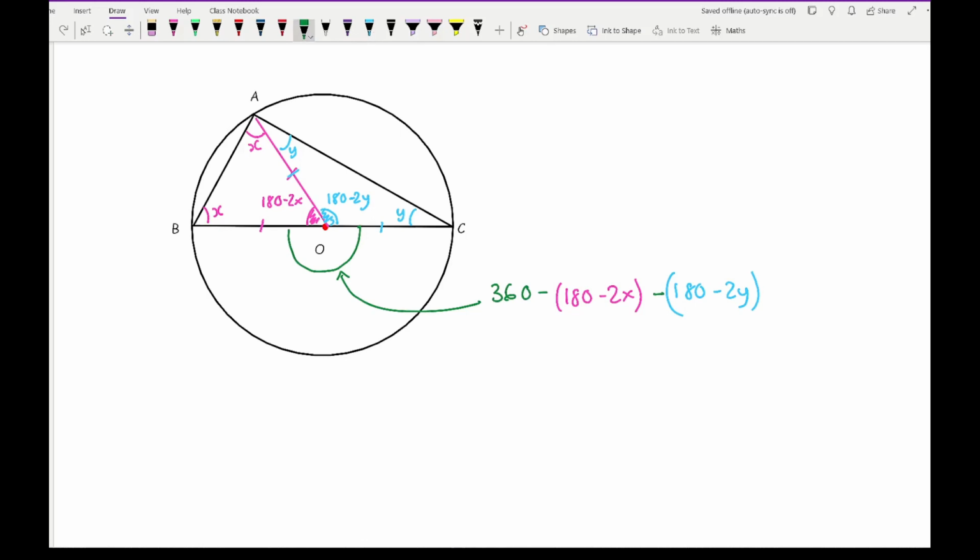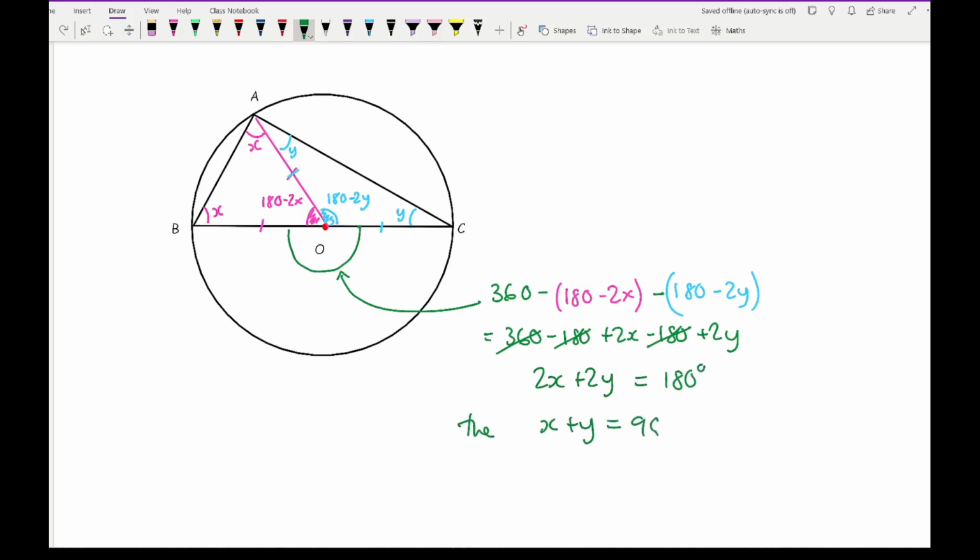And if I then go on to simplify this, I get 360 minus 180 plus 2x minus 180 plus 2y. The 360s and the 180s cancel, so I'm left with 2x plus 2y. So if this equals 180 degrees, then x plus y equals 90 degrees.